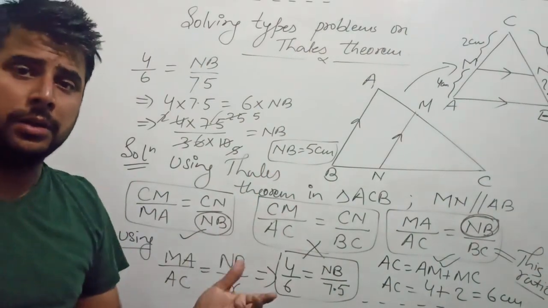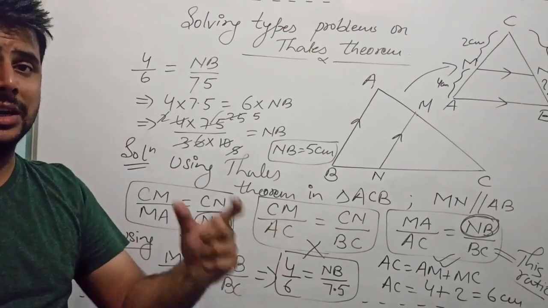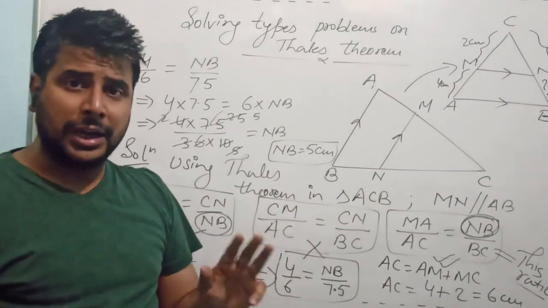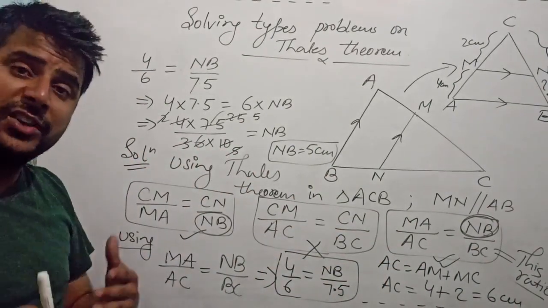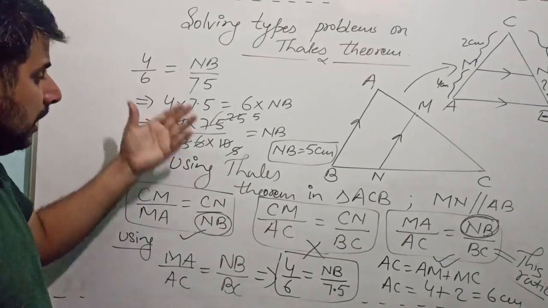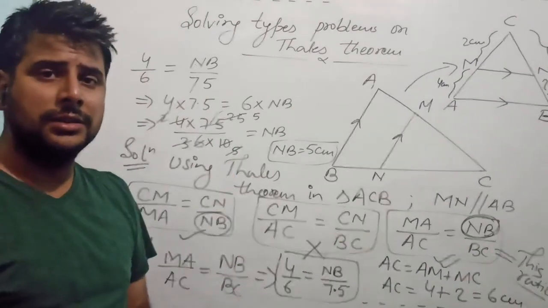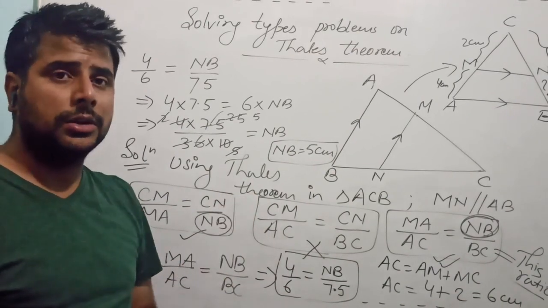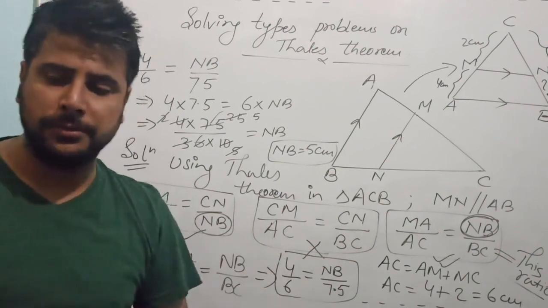If you are not able, please repeat this video until you are able to select one ratio out of the three possible ratios. Right? Once you're able to select, then it becomes very easy for you to put the values over there, do the cross multiplication and get the answer. Okay? So please try this and let me know whether you are able to control this chapter or not. Means this topic. Okay? Thank you.